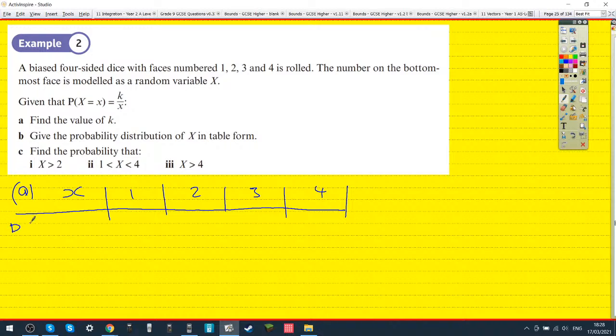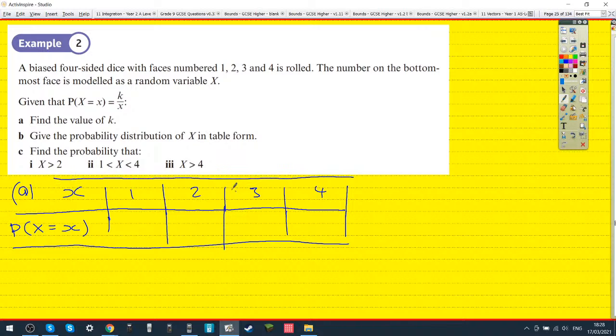Then the chance of each one is a quarter. It takes the value, X takes the value of the little x. So the first one is k over 1. Okay. K over 2, k over 3.